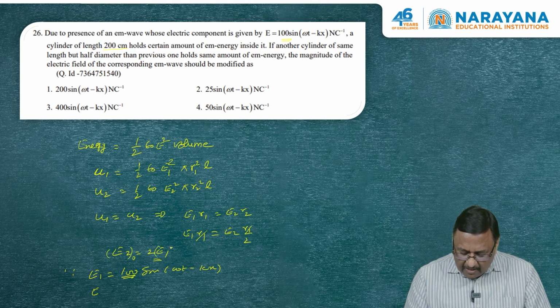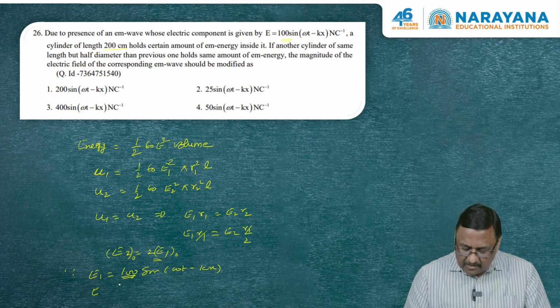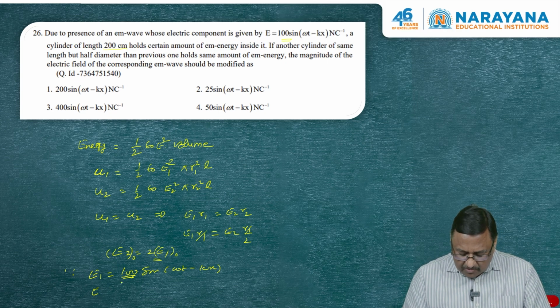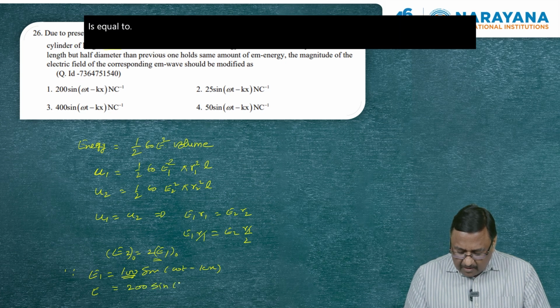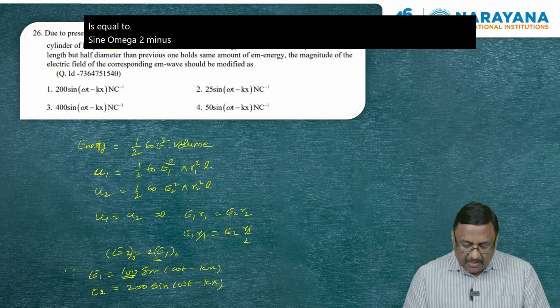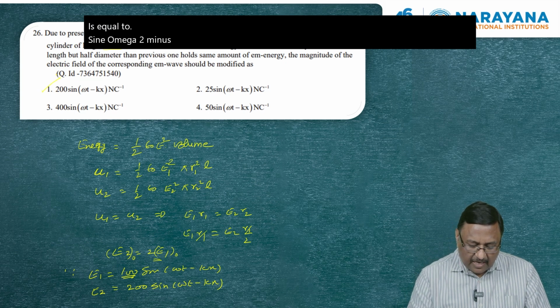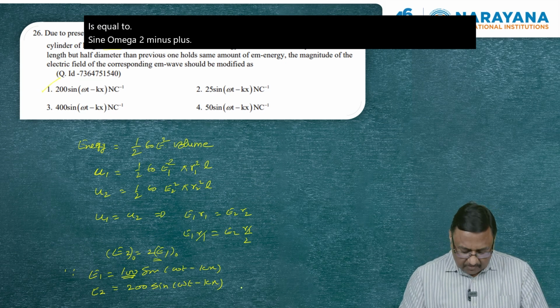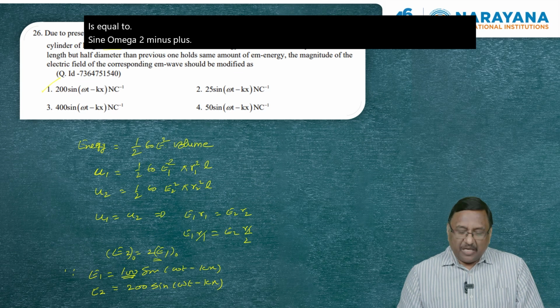If you want, you can write E1 maximum. So E2 is equal to 200 sine omega t minus kx. I hope you can easily understand that the first option is the right option for this given question. Okay, hopefully that should be clear to all of us.